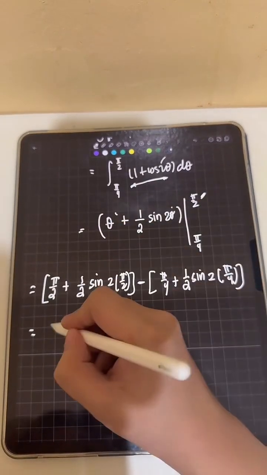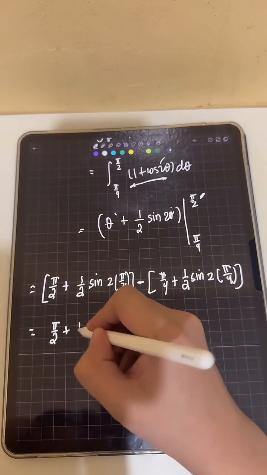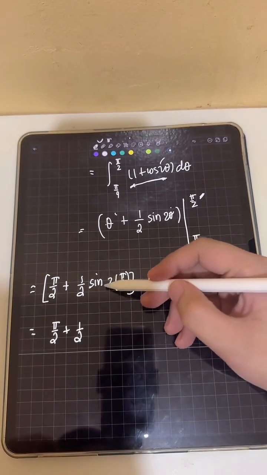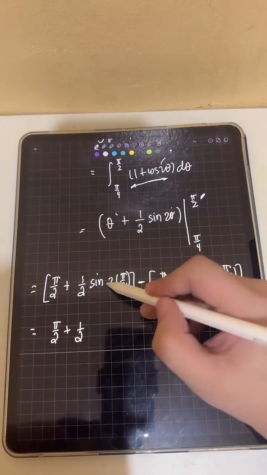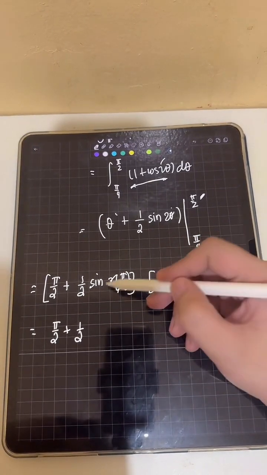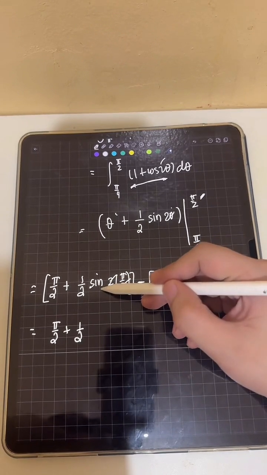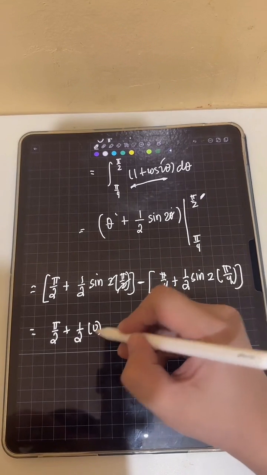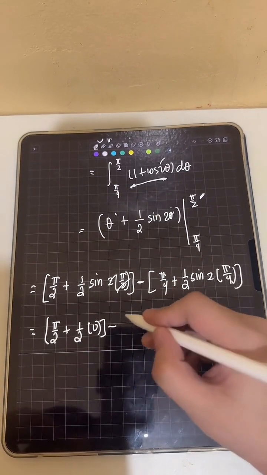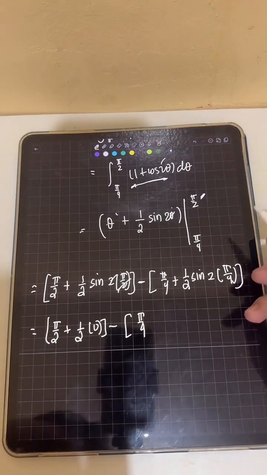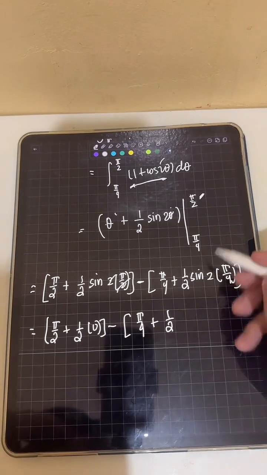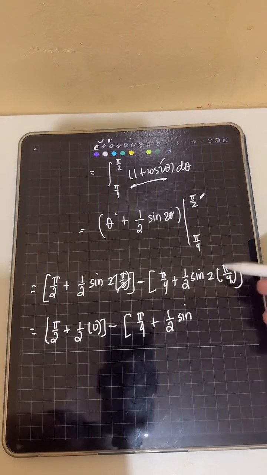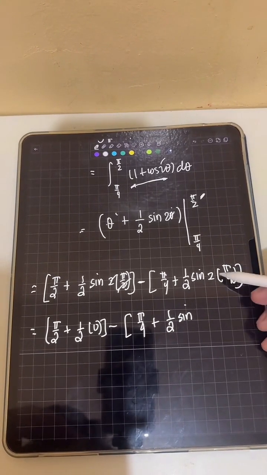And then we simplify. So pi over 2 plus 1 half sine of 2 times pi over 2. So cancel out the 2. We have sine of pi. And sine of pi is 0, right? Then minus pi over 4 plus 1 half sine of 2 times pi over 4.